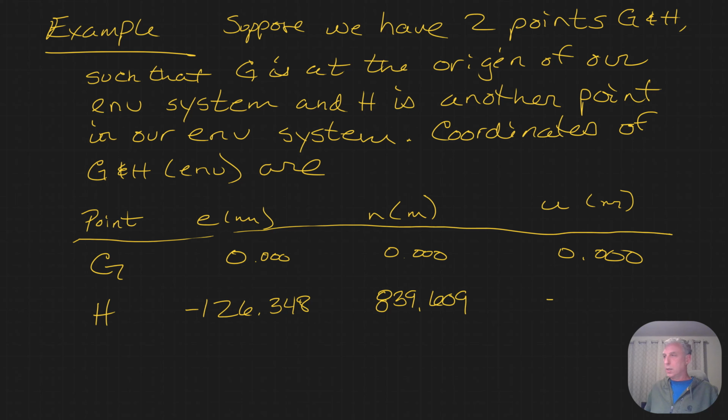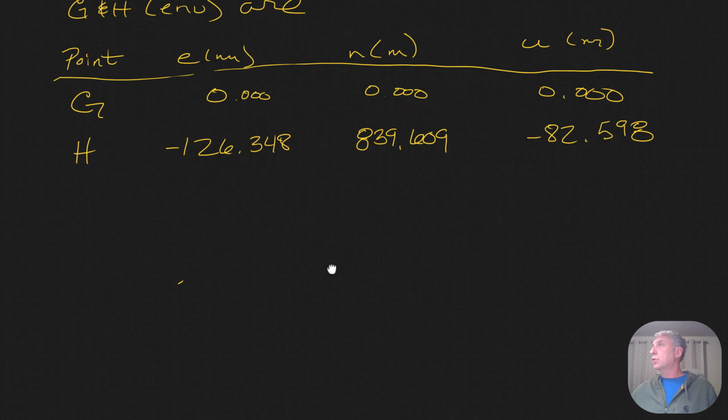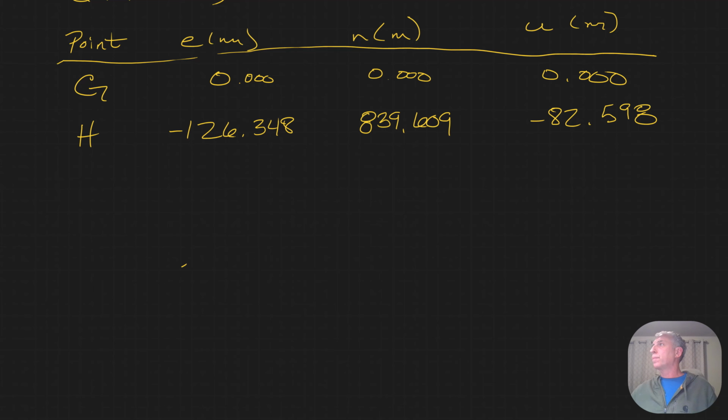And again, these are meters, minus 82 for my up, 0.598. So below the origin. And scoot up. I'm going to scoot this up a little bit and say further.